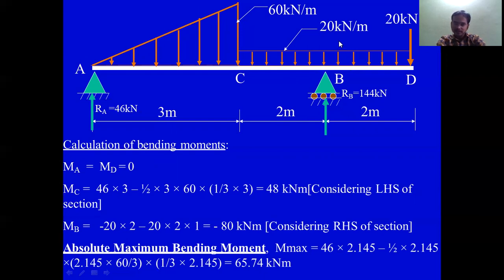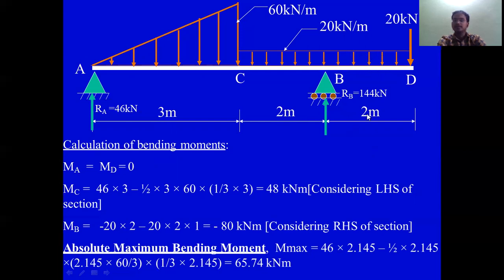It means he has taken a section here. You can take the section here or here, wherever it may be. You need to find the moment at this point. One is the 20 kilonewton acting, the other is the 20 kilonewton from half part of the UDL.